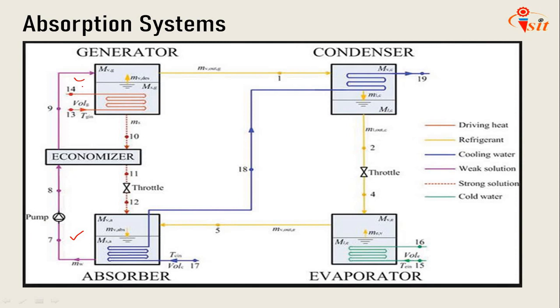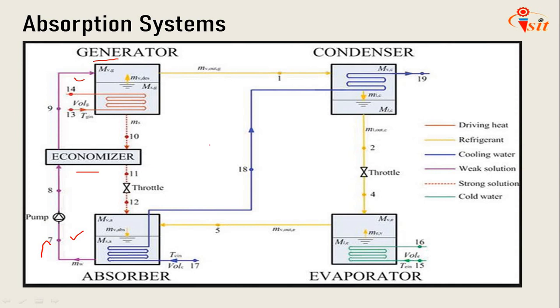In the absorption chiller cycle, the rich solution is pumped from the absorber to the generator, as we have seen earlier. A rich solution or strong solution is pumped from the absorber to the generator here, passing through the heat exchanger, which we can call an economizer, with heat supplied in the generator from the driving heat source.